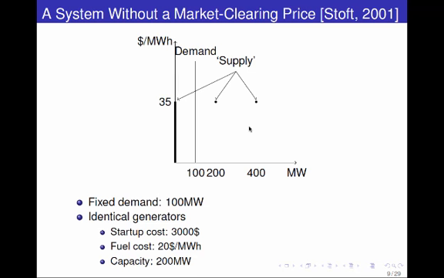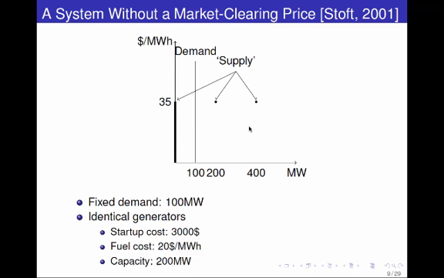Any price exactly at 35 will result in increments of 200 megawatts, and any price above 35 will result in the maximum capacity of the system. Which means if I wanted to run a day-ahead market with a single price for energy, the rule we've seen in economic dispatch cannot work. There is no single price of energy that will make supply and demand be equal.